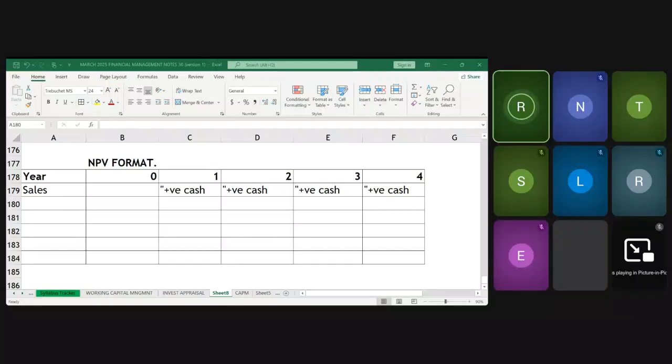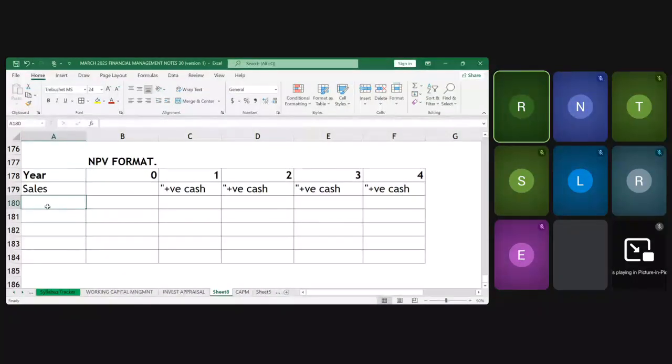All right. So our sales are positive cash, because when we sell, we anticipate to have a cash inflow.